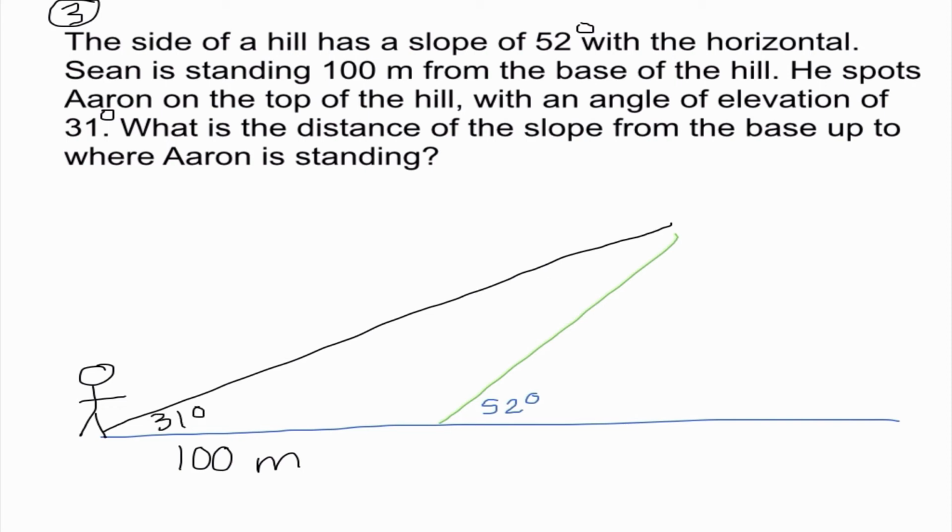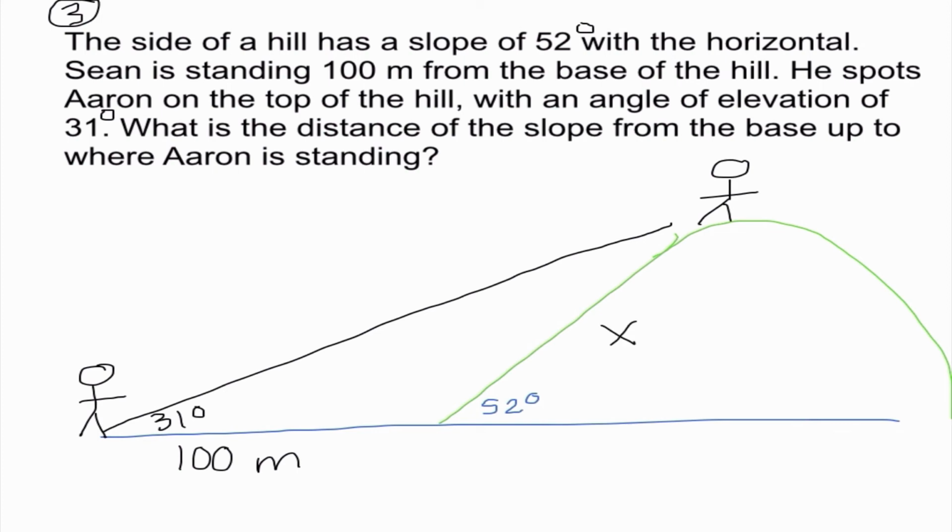Let me change colors here and make this like my hill. He spots Aaron up here, just hanging out by himself. And it says, what is the distance of the slope from the base up to where Aaron is standing? So we're trying to find this side right here.